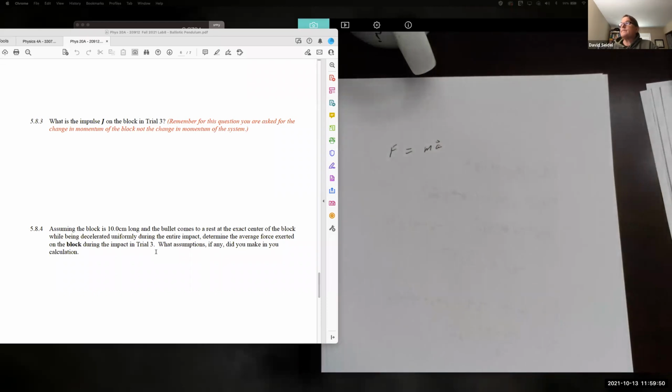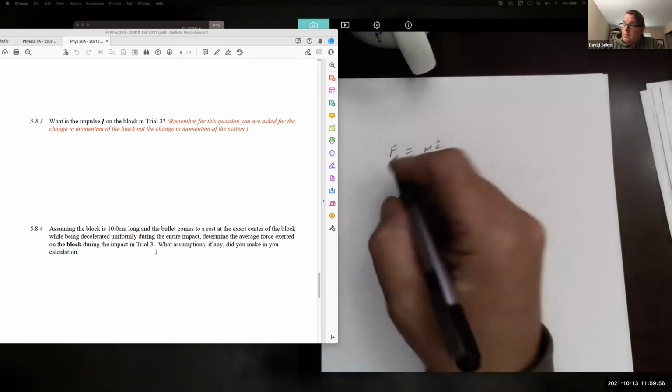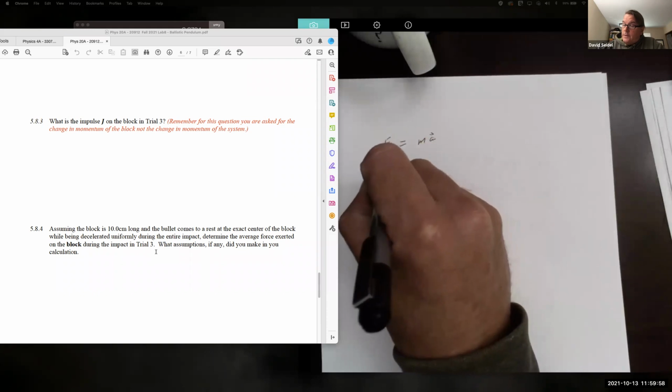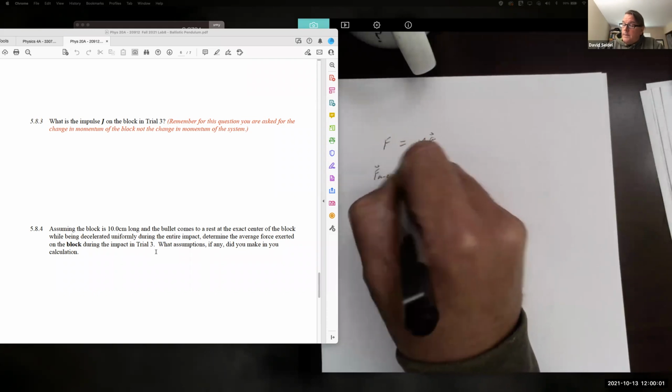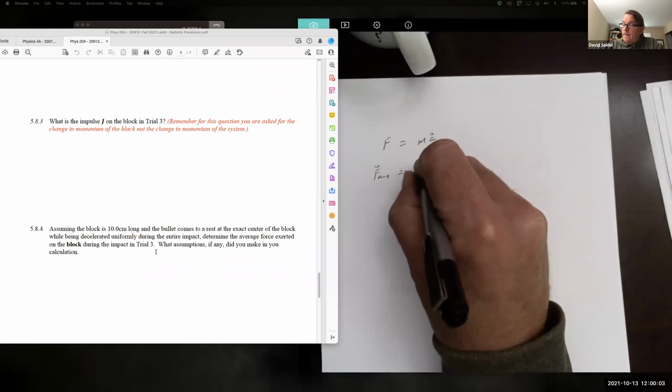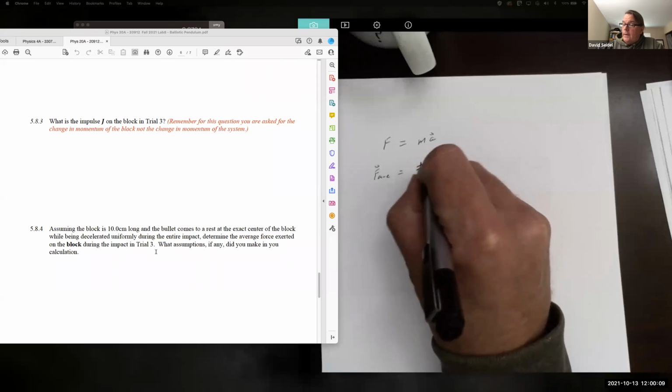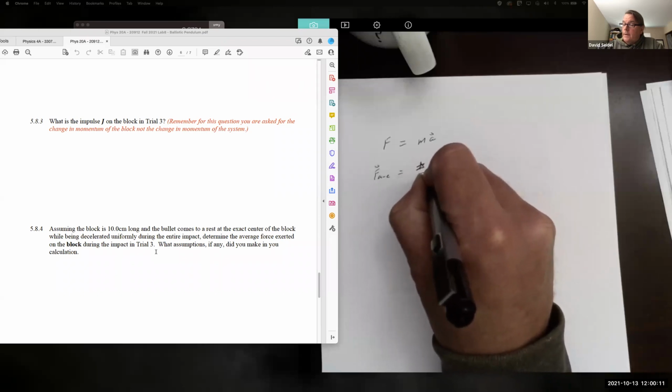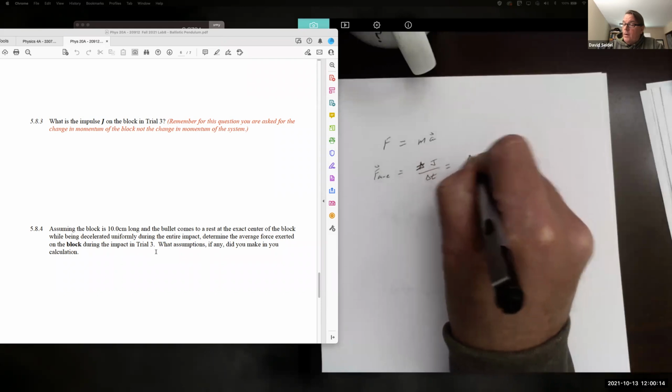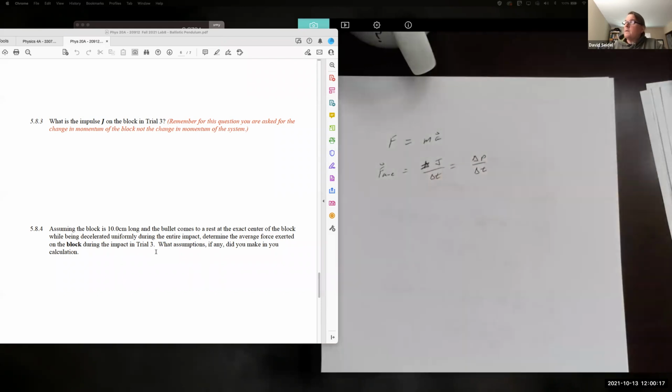Now, I could do my average force is equal to J over delta T, or it's equal to delta P over delta T. That's my average force, right? But I don't know what delta T is. I have no idea how long this impact takes.